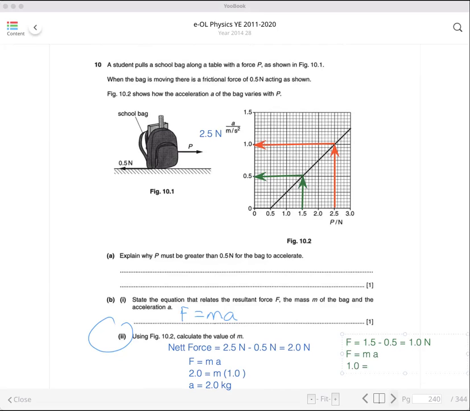My F is 1.0, my M I don't know, my A in this case is 0.5 meter per second square. So I rearrange this. You realize that your answer is also 2.0 kg. So you can use any of the answers here. Clear? Sorry, this one should be M. M will be 2.0 kg.